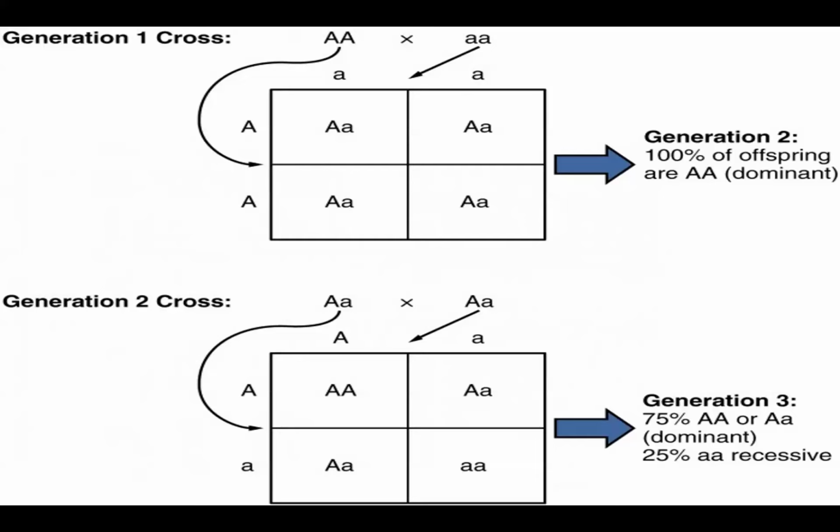So if two heterozygous parents cross, the offspring have a 75% chance of showing the dominant trait and a 25% chance of showing the recessive one.